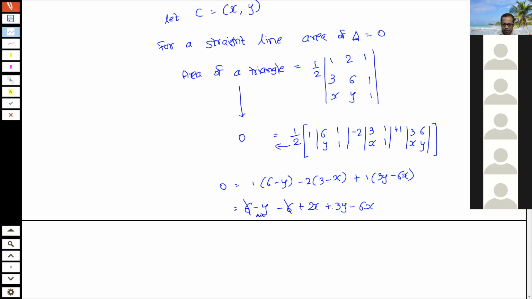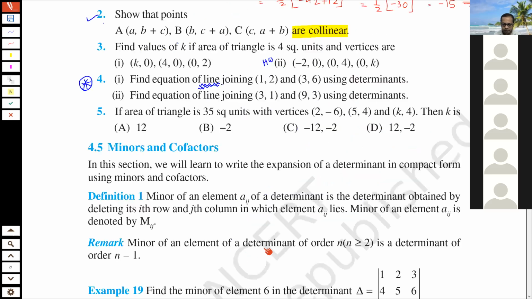Here we have minus y plus 3y is how much? 2y, and 2x minus 6x will give you what?